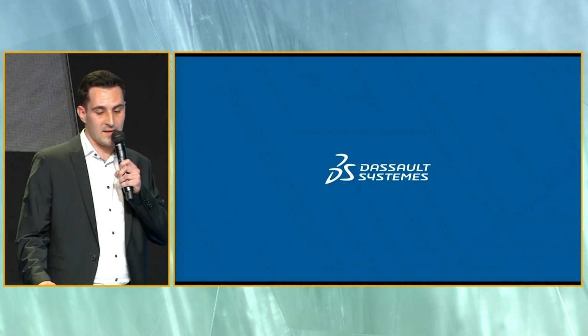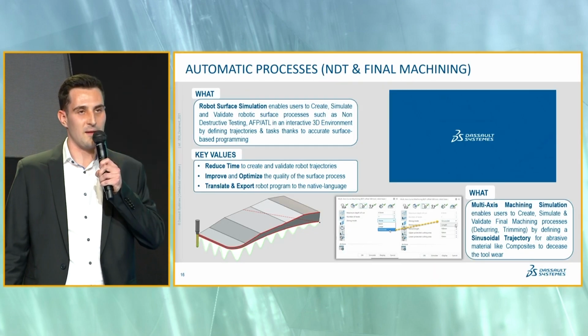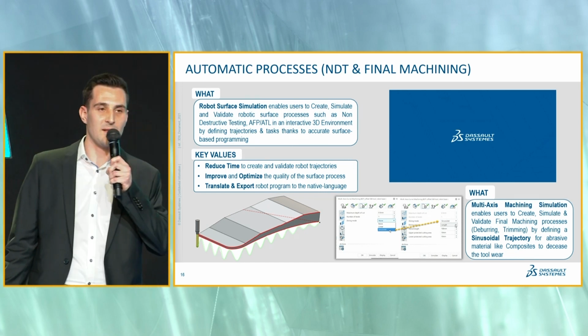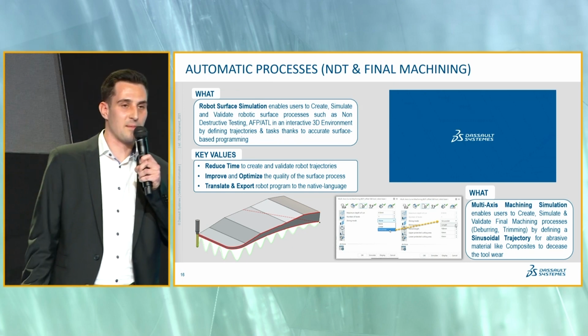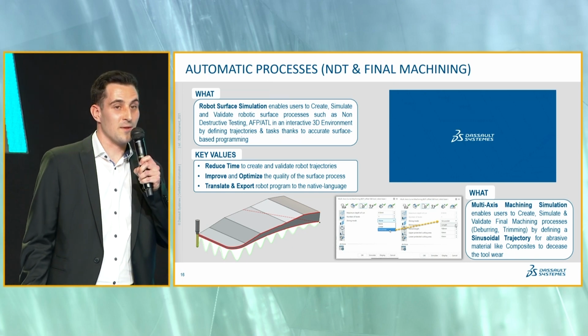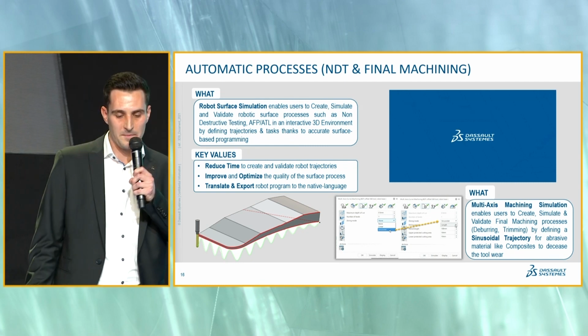And at the end, we can validate the robotic program and also the quality of our product, and export the robotic program to then execute it and push it to the robot on the shop floor.